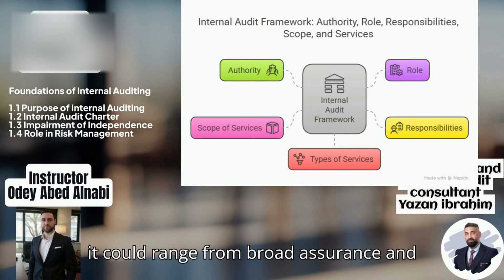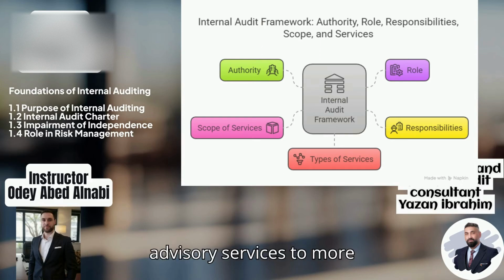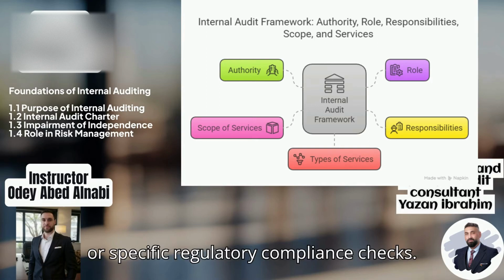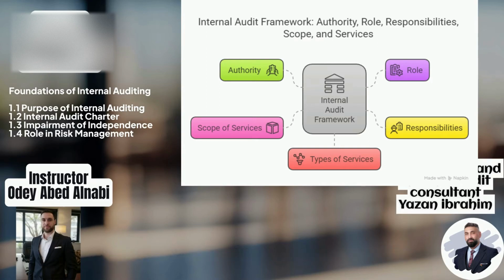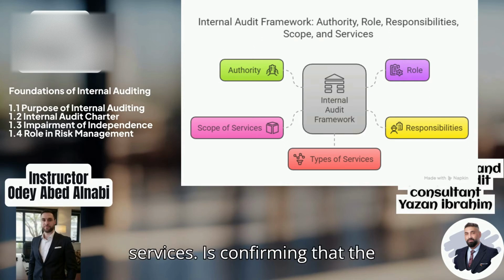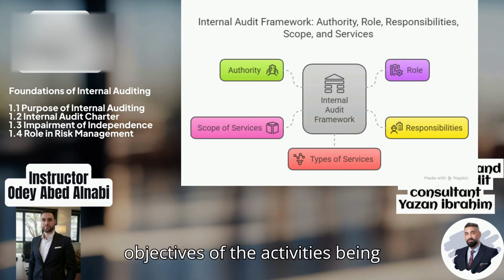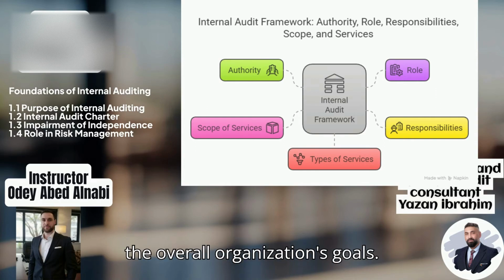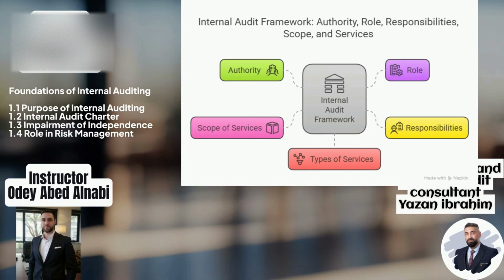It could range from broad assurance and advisory services to more specialized areas like performance auditing, fraud investigations, or specific regulatory compliance checks. A critical part of performing these services is confirming that the objectives of the activities being audited are clear and aligned with the overall organization's goals.